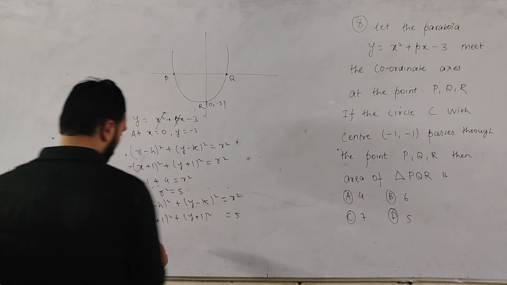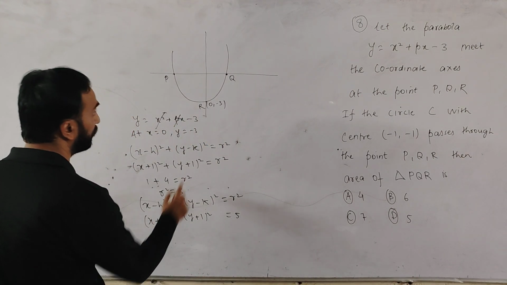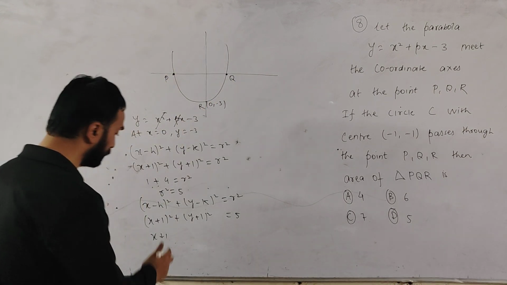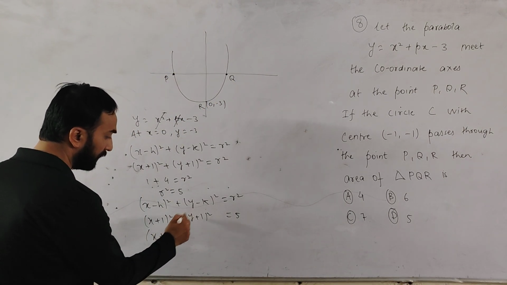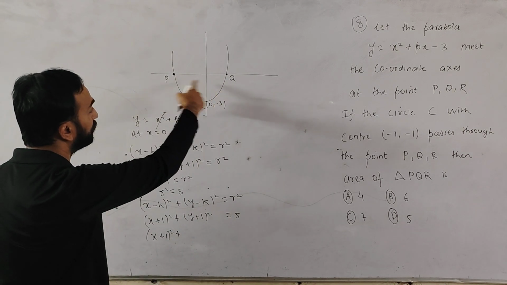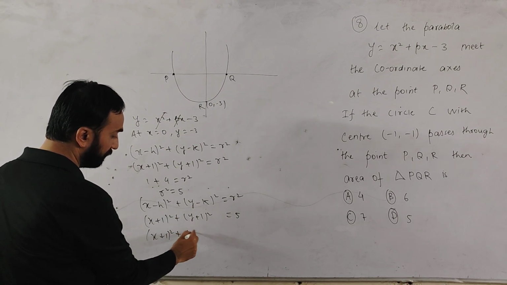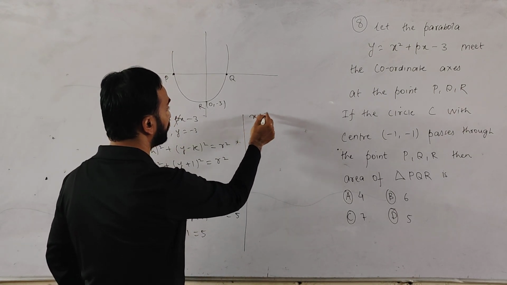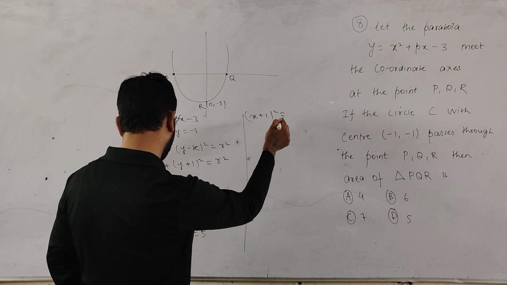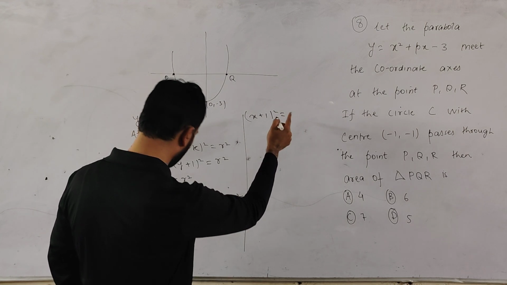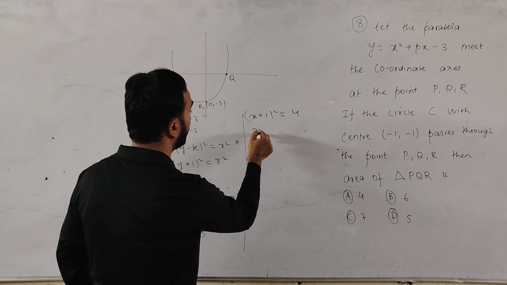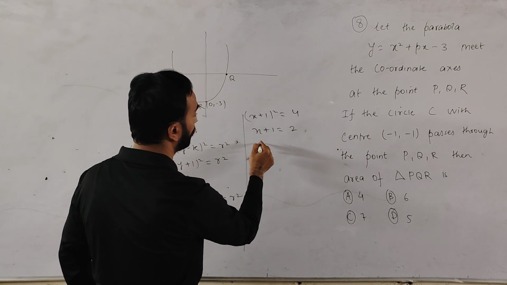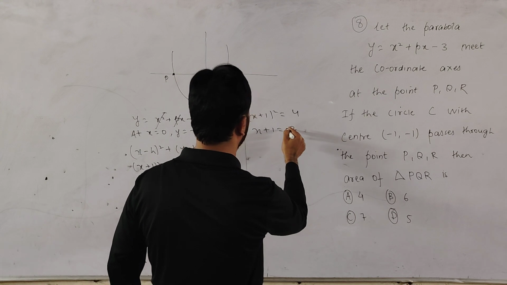For the points P and Q, at both places y is equal to 0, so I get x plus 1 whole square plus 1 is equal to 5, and from here x plus 1 whole square is equal to 4, so x plus 1 is equal to plus minus 2.